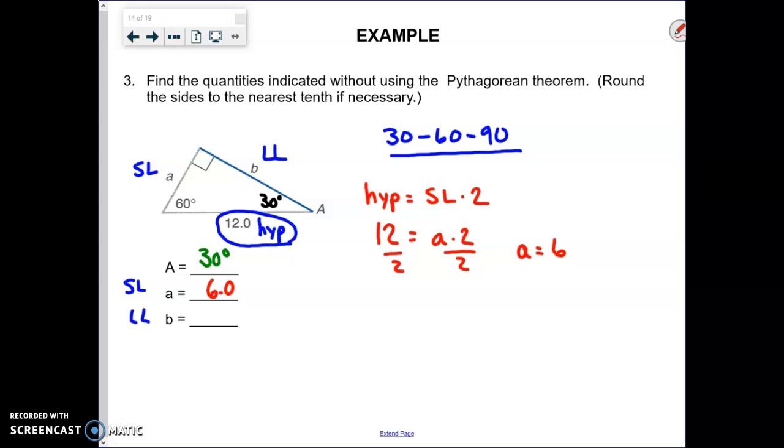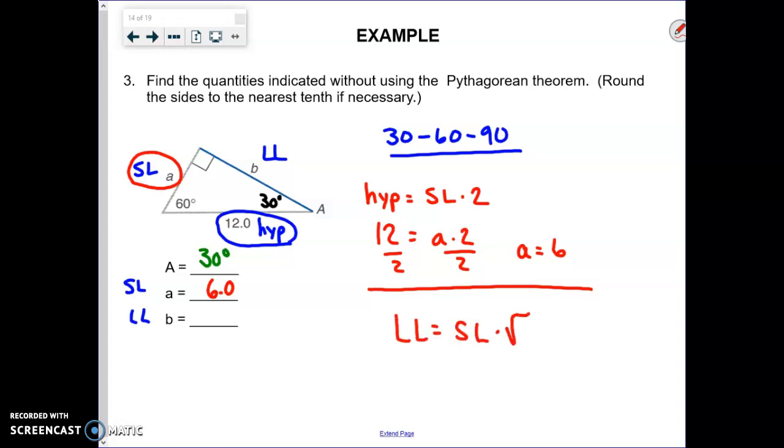Now let's find the long leg. Well, remember everything, ladies and gentlemen, we now have the short leg. Everything in here is based off the short leg in a 30-60-90 triangle. So, ladies and gentlemen, we know that the long leg is equal to the short leg times the square root of 3. That's our relationship.